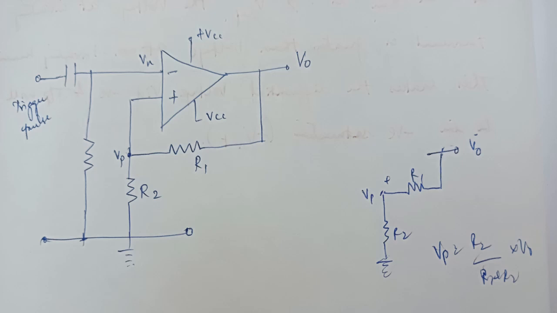First, suppose I am not going to give any trigger pulse, that is, I am not going to give any input. You just think of it like that. So what will happen? With the help of this VCC supply, the operational amplifier will produce some output voltage.